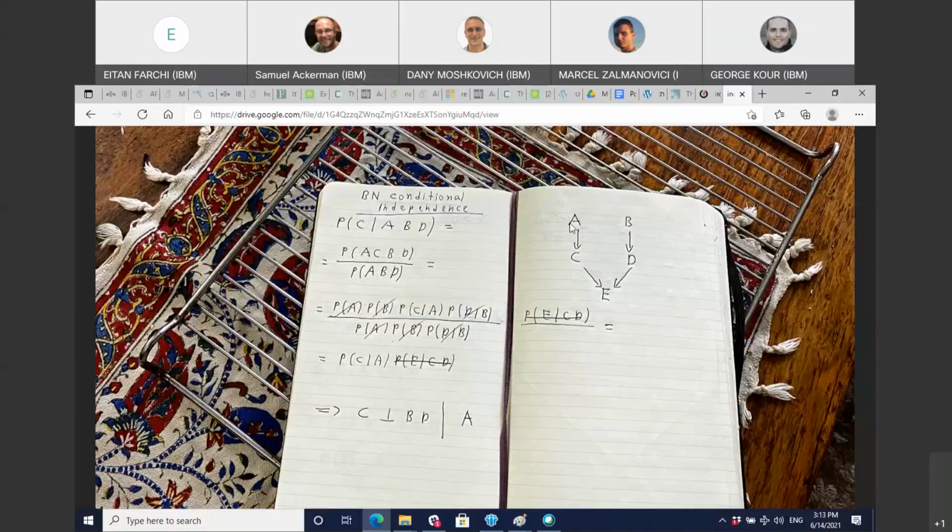So say A can take values 1 or 0. For A getting a value of 1, I have a probability for C getting a value of 1, assuming A got a value of 1. For A getting a value of 0, I have a probability of C getting a value of 1, which is again one number. So here for C, I need two numbers. How many numbers do I need for E?